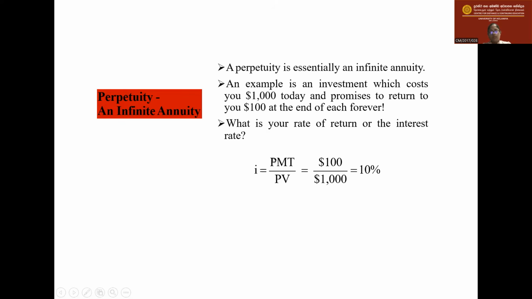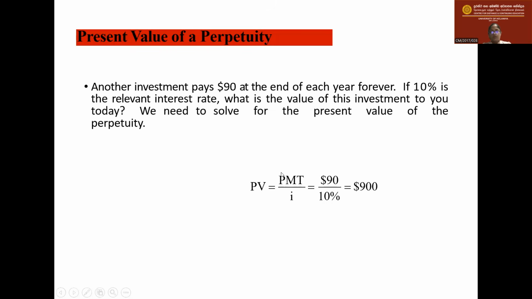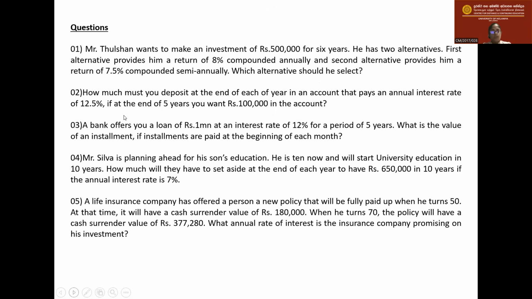Present value equals PMT divided by I. What would be the PMT here? It's 90, right? It pays you 90. And what would be the I here? It's 0.1 or else 10%. Then we can obtain the present value as 900, right? This is the relevant present value. It's very easy, right? Okay.